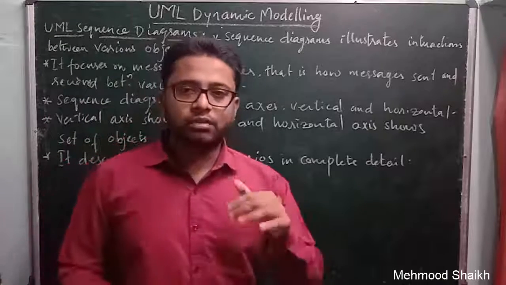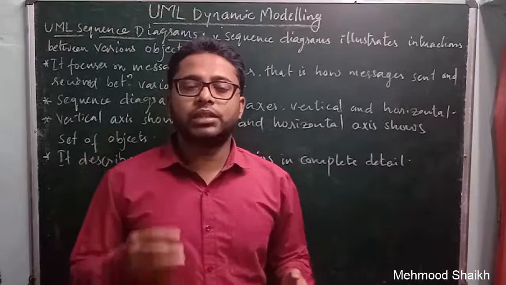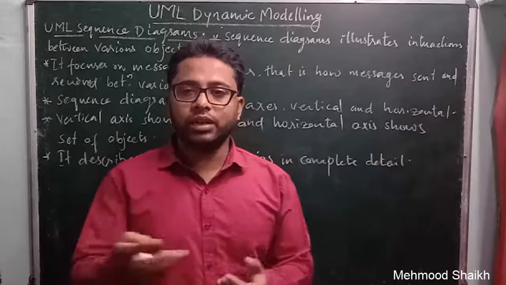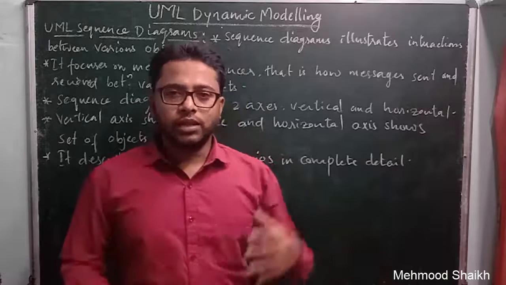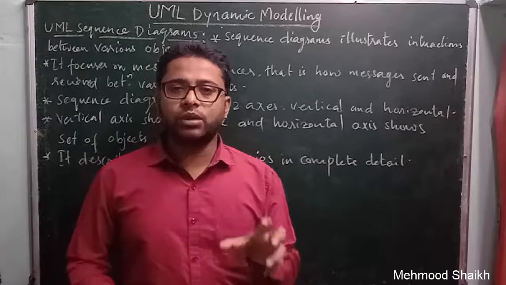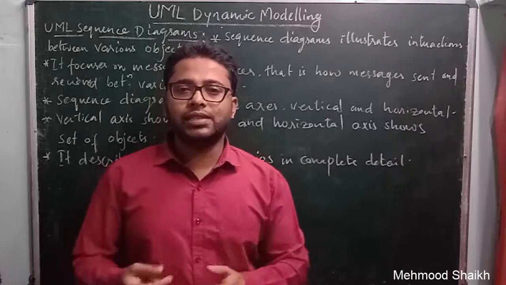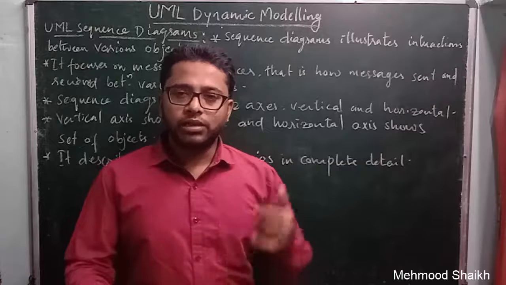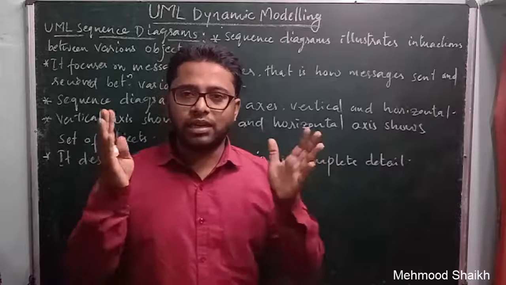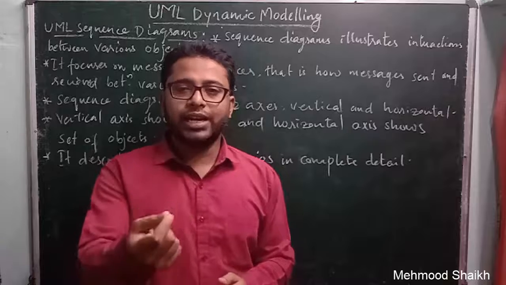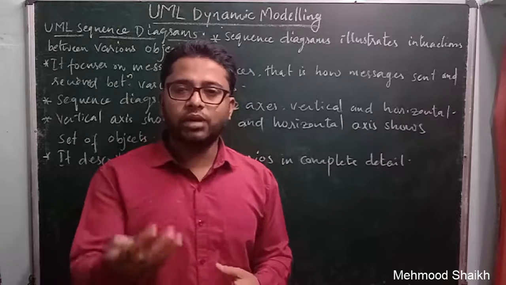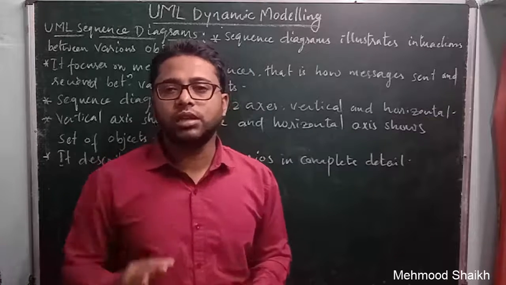The last point is that it describes various scenarios in complete detail. Sequence diagrams allow the development team to demonstrate various activities and scenarios in complete detail. The sequence diagram is a very useful tool during analysis and design of the system. With the sequence diagram we will clearly come to know what information the system will take from the user and what information the system will return to the user.